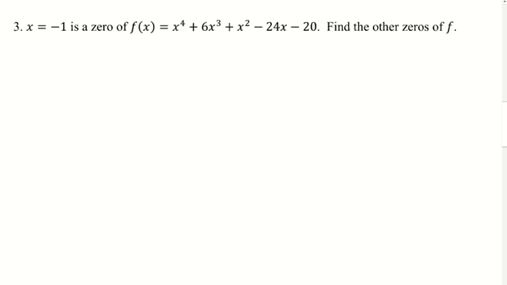This one's very similar. Okay, it's giving me -1 as a zero, and it's asking me to find the other zeros. So hopefully when I run -1 through synthetic division, I'm going to get something that's factorable. So let's just have a look.